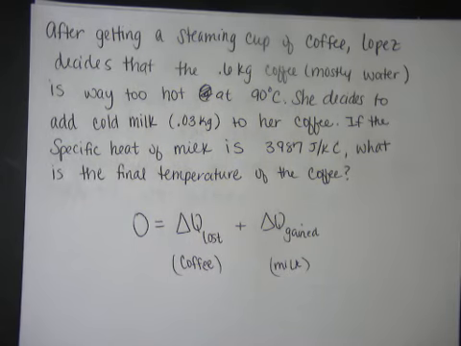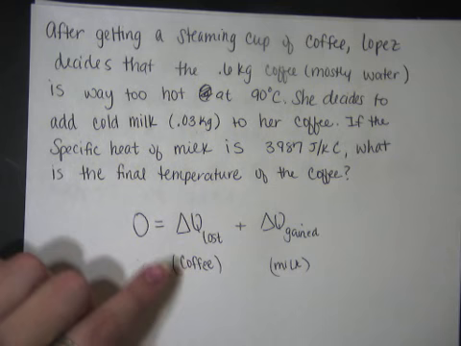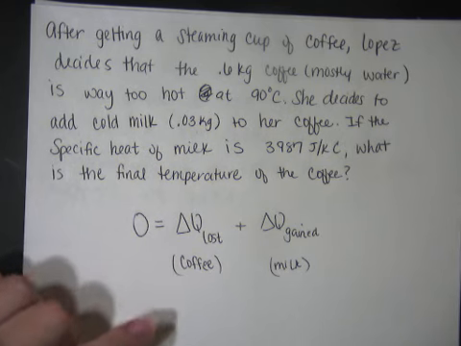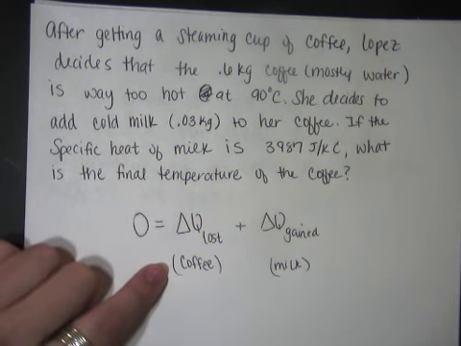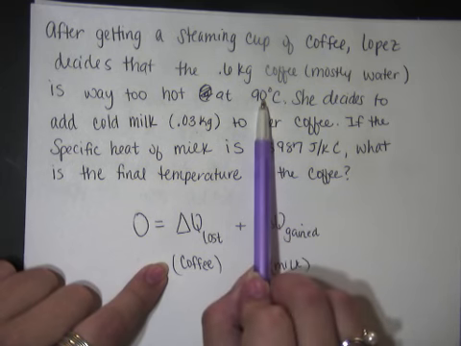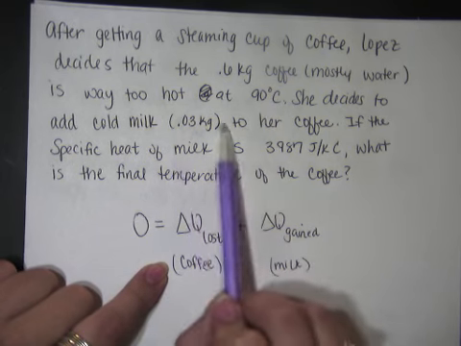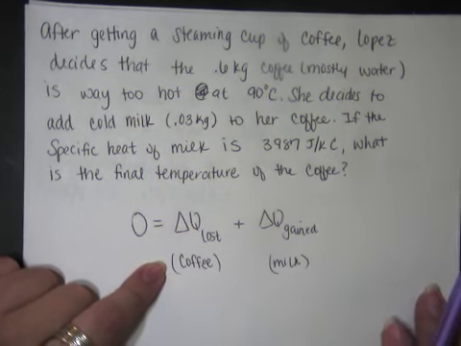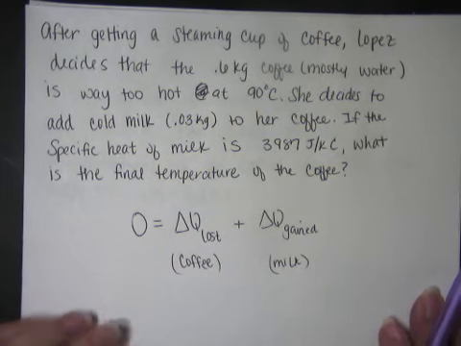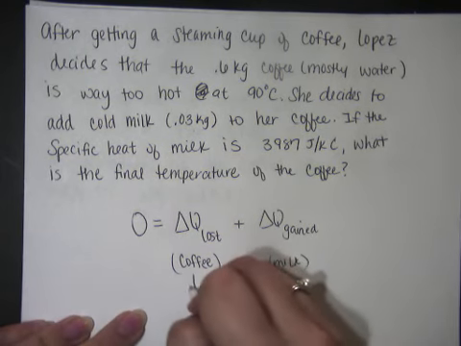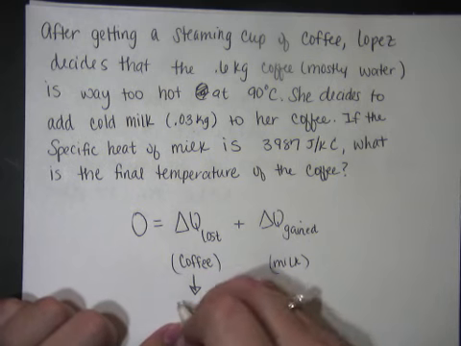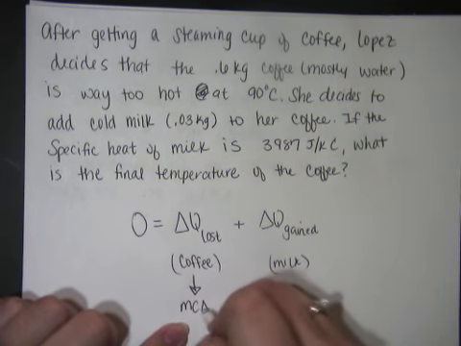So what you want to do is ask yourself, will the coffee just change in temperature, or will there be some phase change action? All right, we're going from 90 and we're adding just cold milk, which is also in the liquid phase, so chances are it's only going to undergo a temperature change. So this energy loss can be calculated by using the MCAT formula.